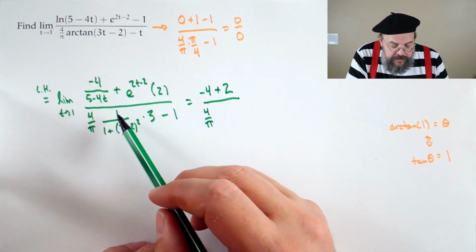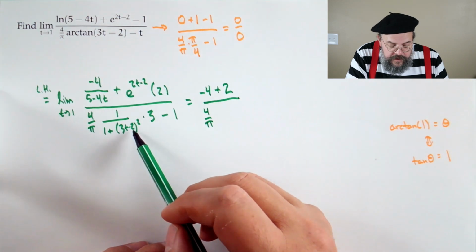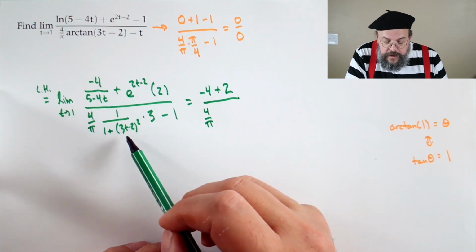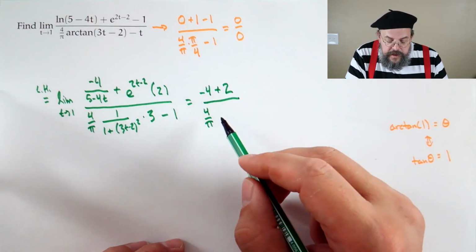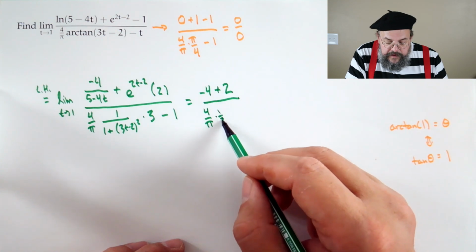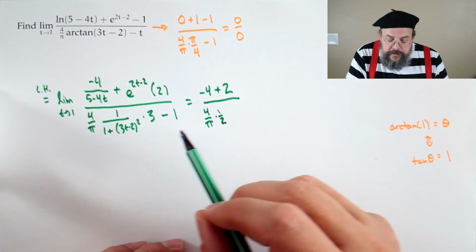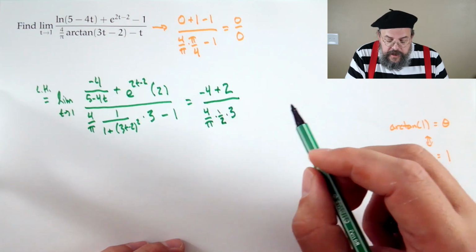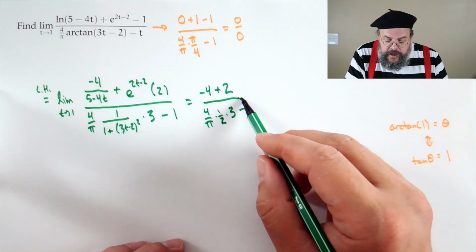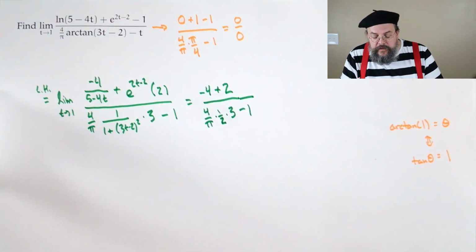And then 3 minus 2 is 1, so squared is 1. So 1 over 1 plus 1 is a half, times 3, and then minus 1. All right, so that is our answer.